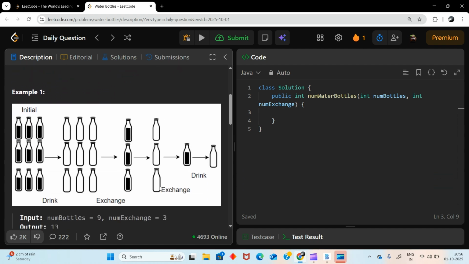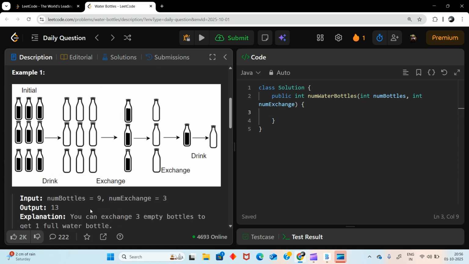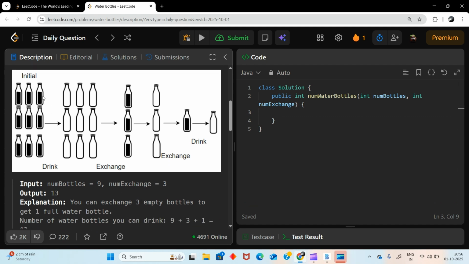So if you see this example, initially we have number of bottles is 9, and using 3 empty bottles you can get one more full bottle. Let's say a person has emptied these bottles by drinking.